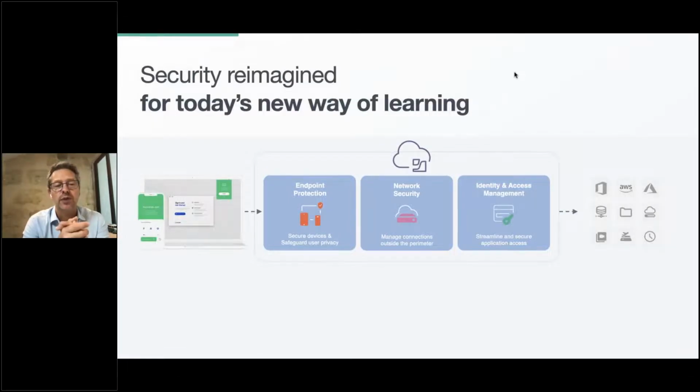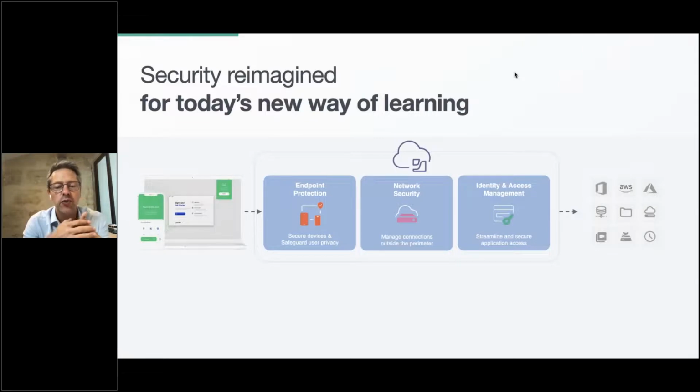Endpoint protection. Endpoint protection is a great place to start, especially since we are talking about employees who use multiple devices, many of which are outside the perimeter. The endpoint is where we can establish consistent protection for that user and the data that is created and consumed on that device.